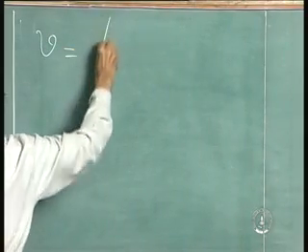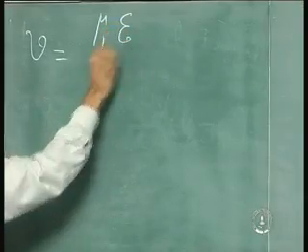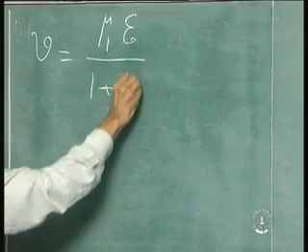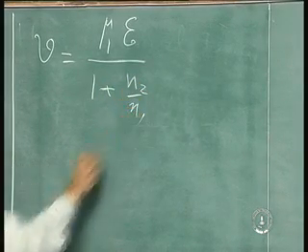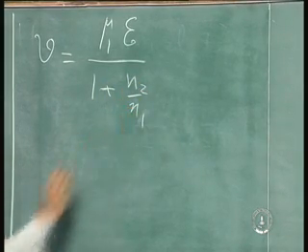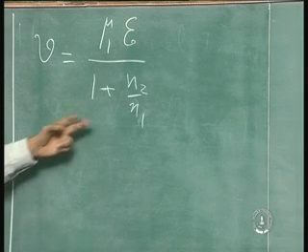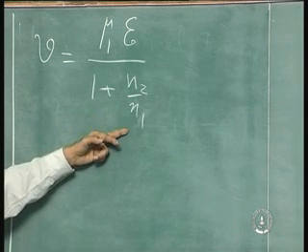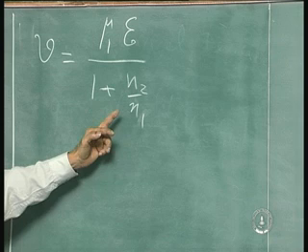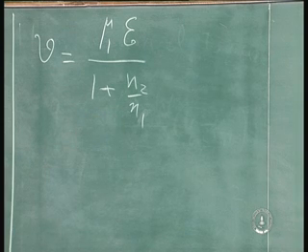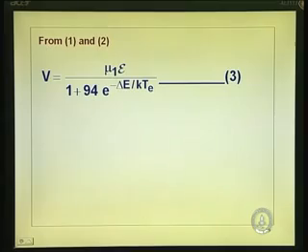Velocity is mu 1 into electric field divided by 1 plus N2 by N1. That is what we did. And N2 by N1 is Nc2 by N1 into e to the power minus delta E by kT. Nc2 by N1 just now we saw is 94. And remember that T is not the lattice T, it is Te all through. All these equations are valid for the hot electrons because they have energies above the lattice temperature.